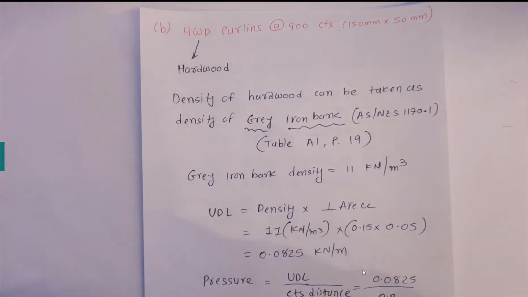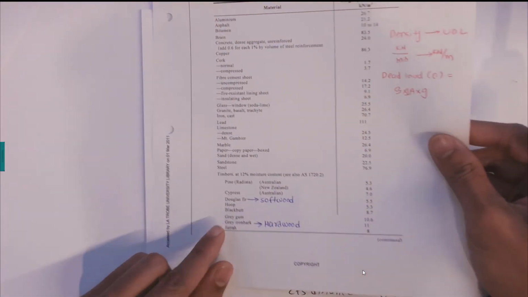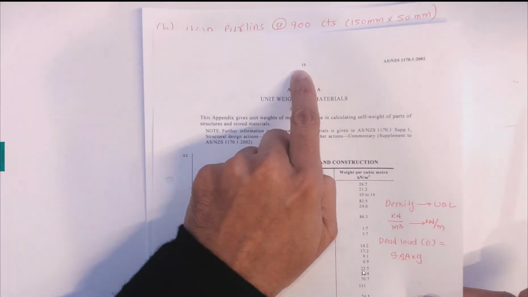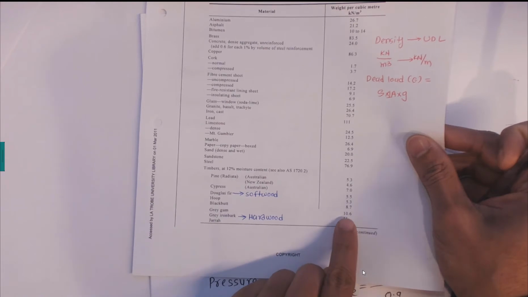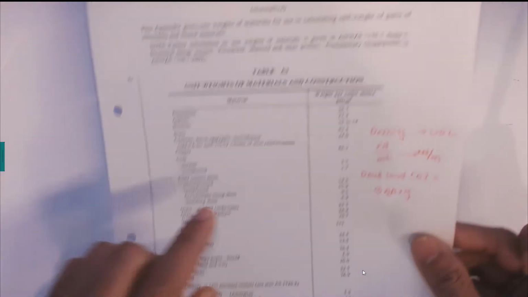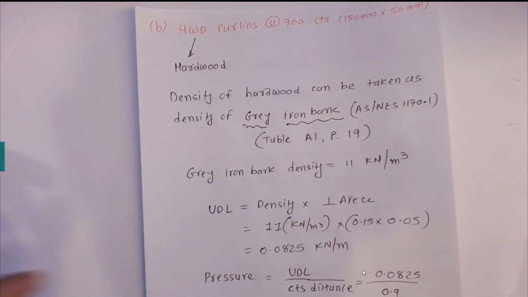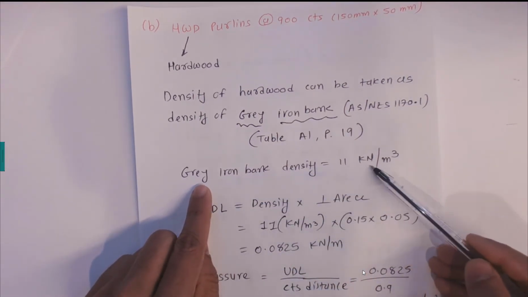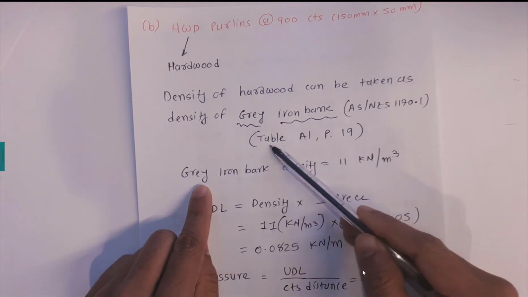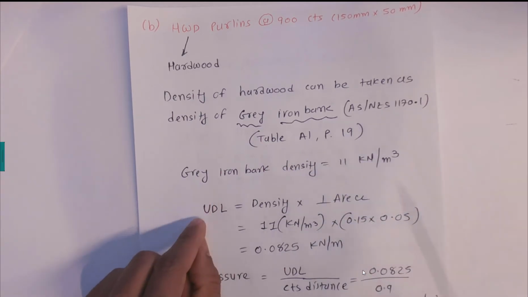In Table A1 on page 19, grey ironbark hardwood has 11 kilonewton per meter cube. That is given as a density, but we need the pressure, so I need to work it out a little bit. Grey ironbark density is 11 kilonewton per meter cube, from Table A1, page 19.